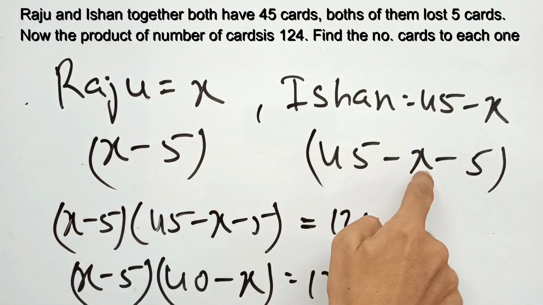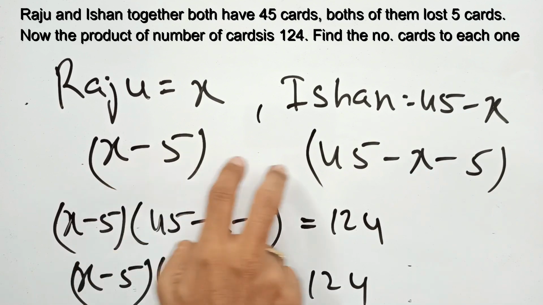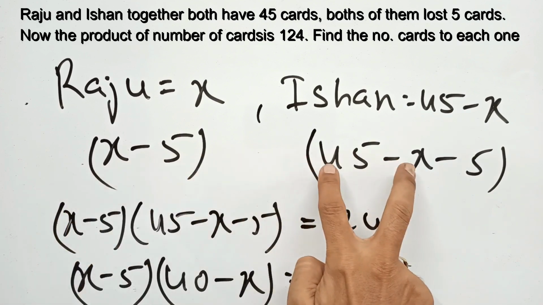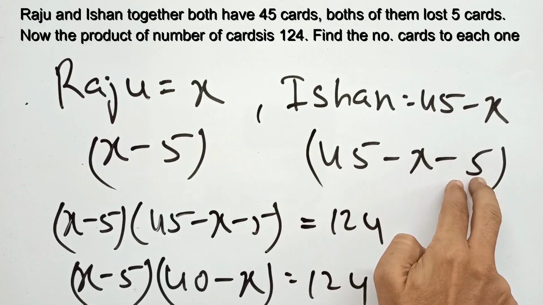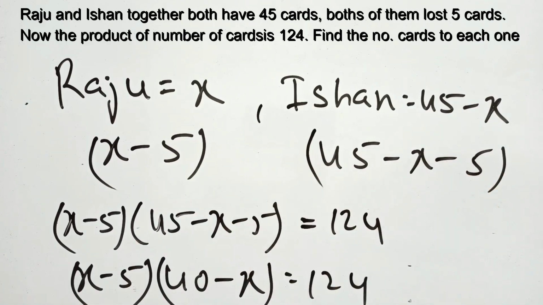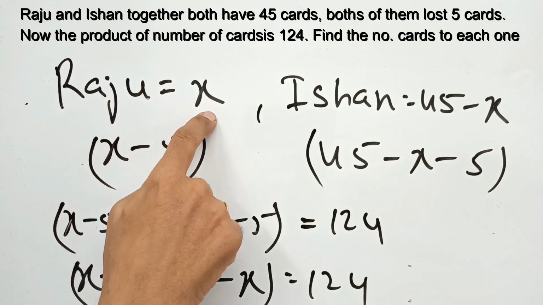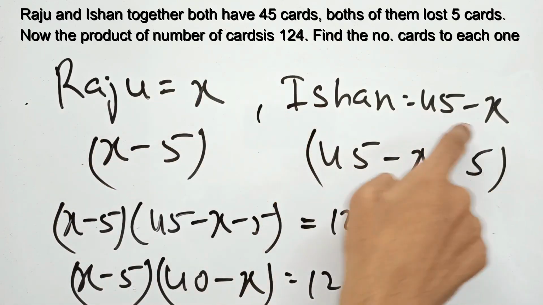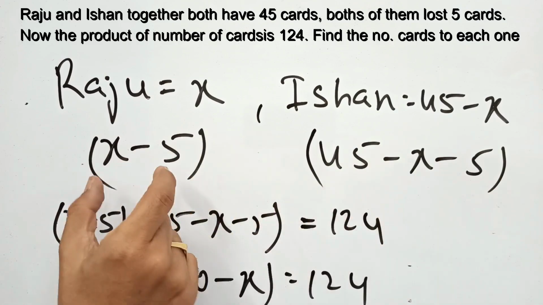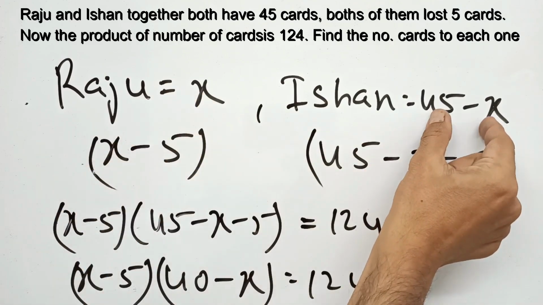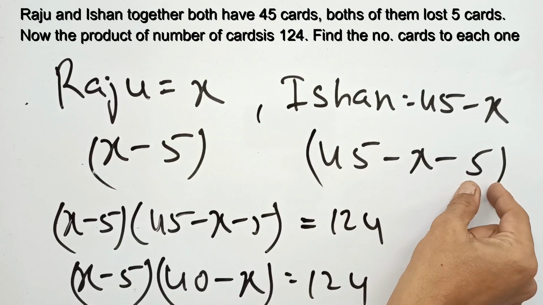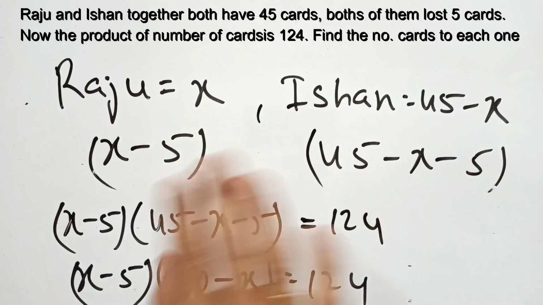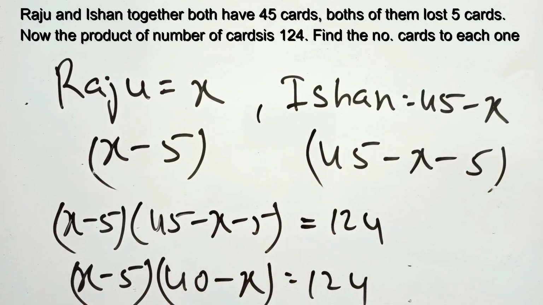After both of them lose 5 cards, Raju has x minus 5 and Ishan has 45 minus x minus 5. The product is 124, given in the question. So let us solve.